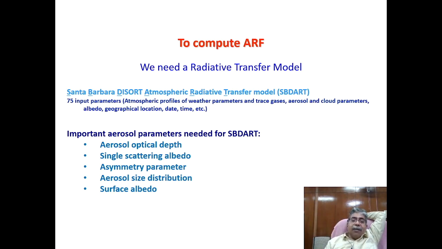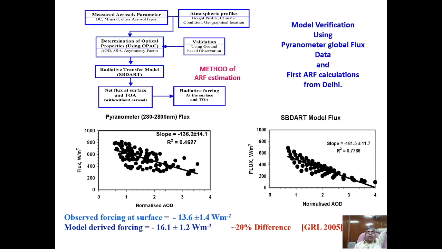These are the parameters that we have already discussed, and they are very important parameters which have to be obtained before putting them into the SBDART model and finding the aerosol radiative forcing.